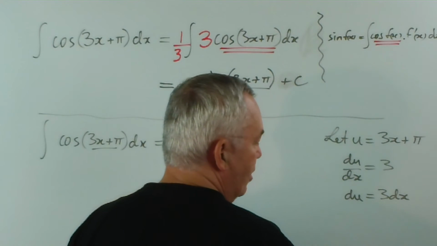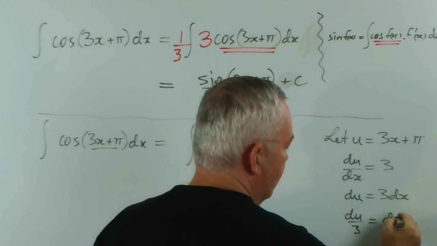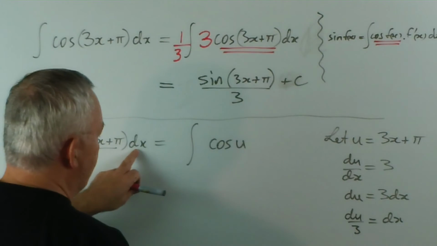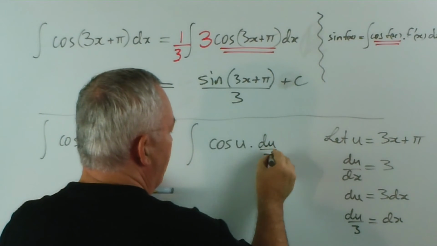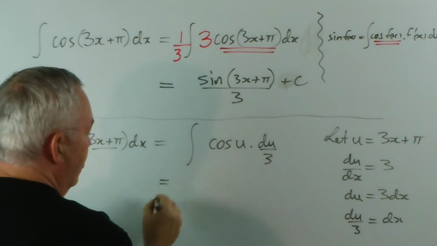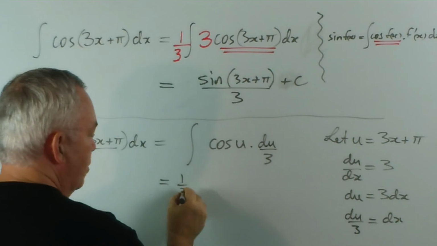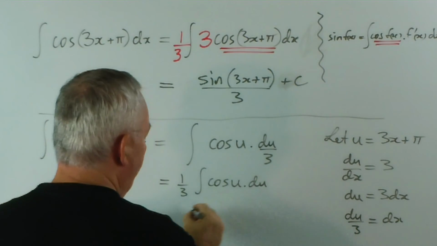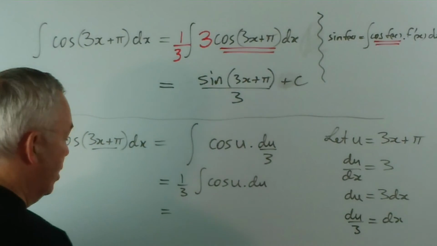If we divide both sides by 3, we get du on 3 equals dx. So it means that this dx can be replaced with du on 3. Now, of course, this third we can move out the front. Which you can see, the integral of cos u is just sine u.